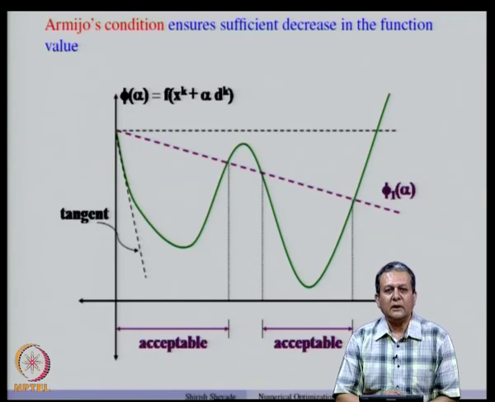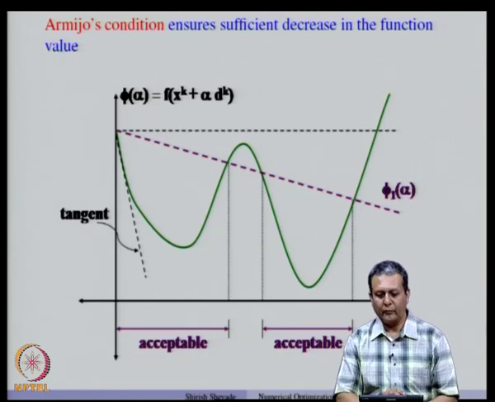Now, as I mentioned earlier, to ensure that there is a sufficient decrease in the function value, we have to make sure that the alpha should be chosen such that the decrease at the new alpha in the objective function value is at least some fraction times the decrease in the objective function value at alpha equal to 0.